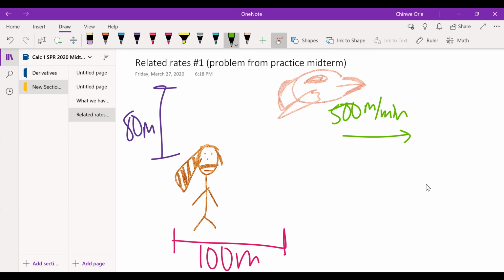Aren't they asking like dz over dt? So like the hypotenuse rate, basically, I think. Okay. Julie, that is correct. That's what they're asking. That's exactly right.